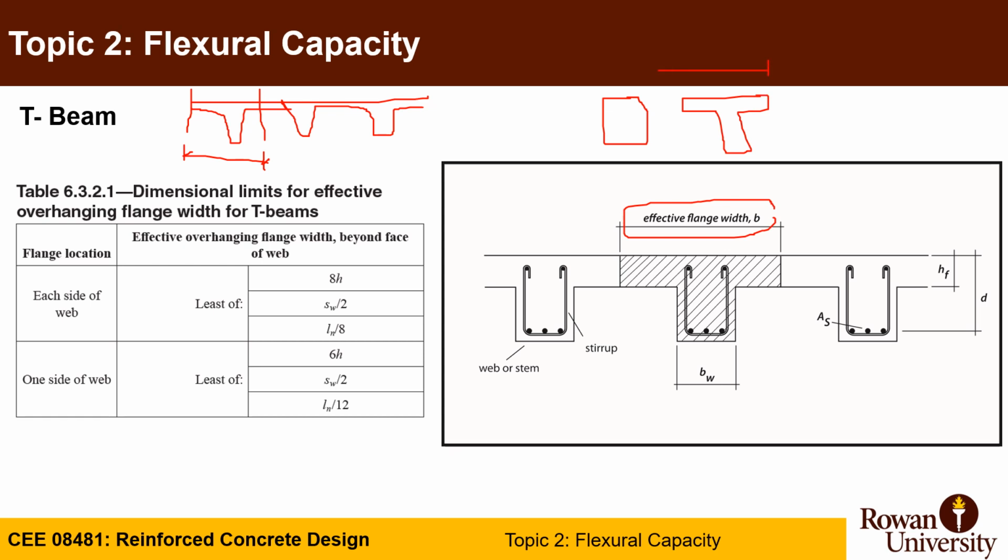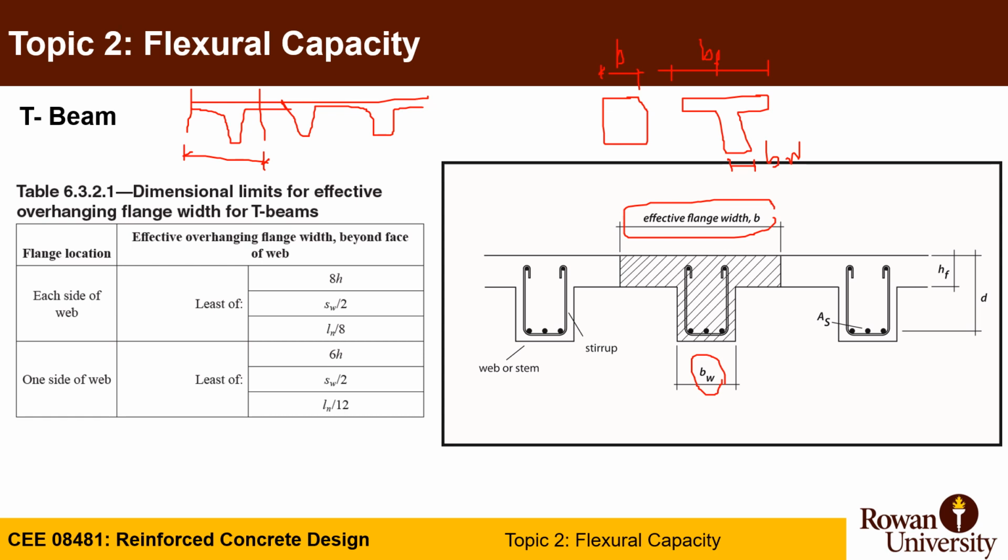The first one is B flange, and the second one is B web. However, in a rectangular section, you only have one width, which is B. So most of the time, B web will be provided.